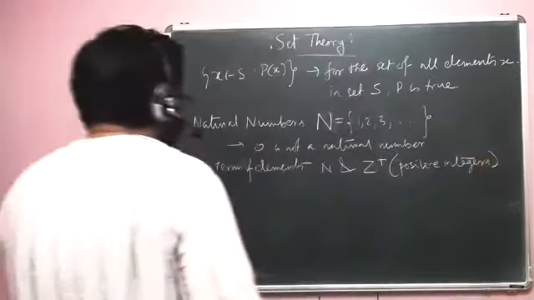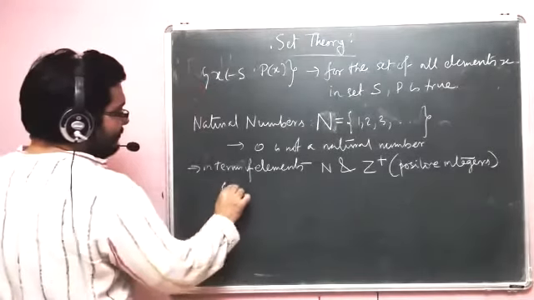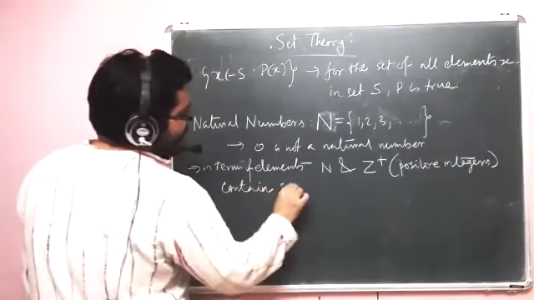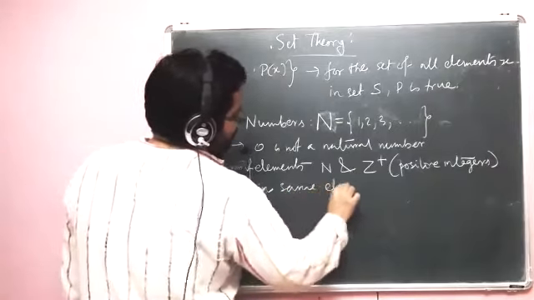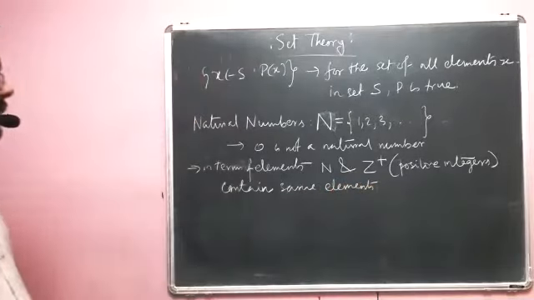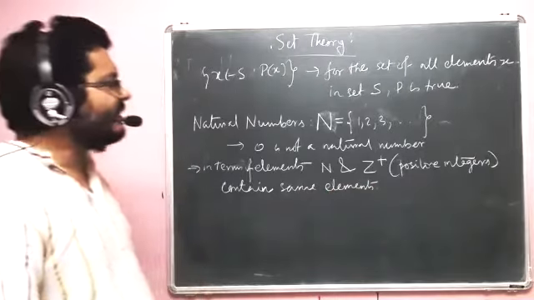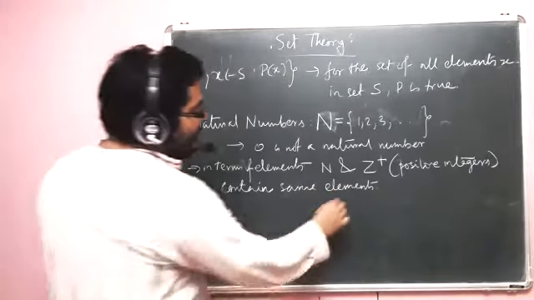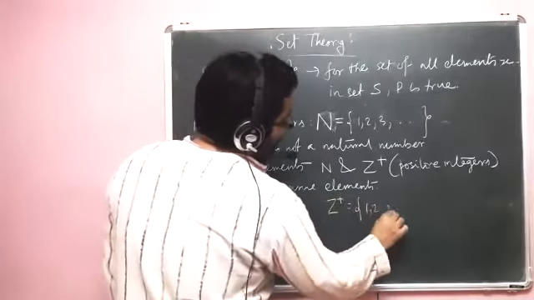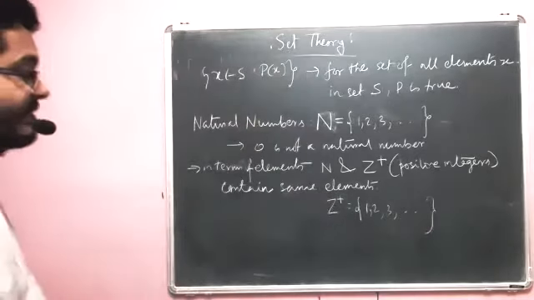So in terms of elements, N and Z plus contain the same elements. But we cannot really write N equal to Z plus, right? If it is asked what is Z plus, Z plus is essentially 1, 2, 3, and so on. So these are my positive integers, right?